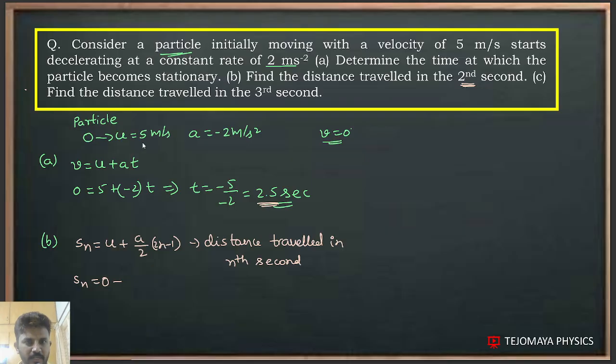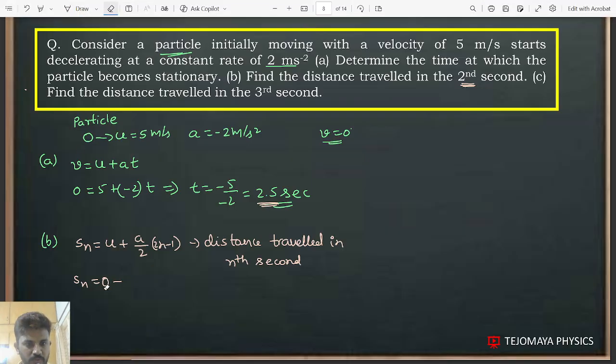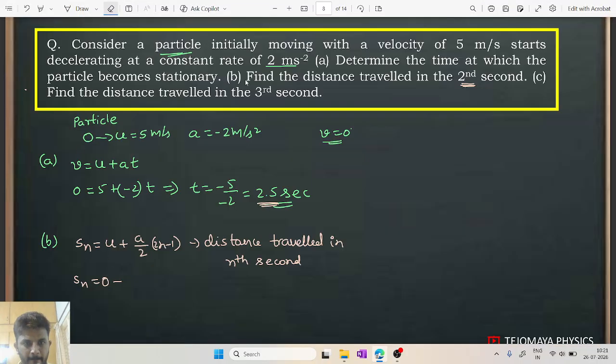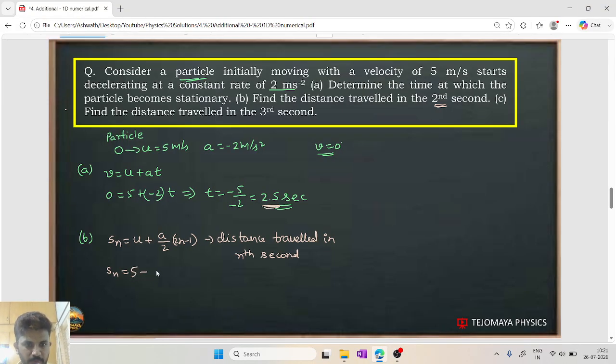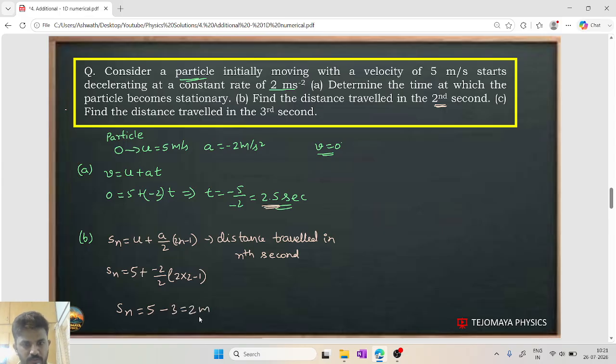No, it is already moving, so it is not 0. u is 5 plus minus 2 by 2 into 2 into n minus 1, where n is 2. Sn is equal to 5 minus 1 into 4 minus 1, which is 3, which is equal to 2 meters.